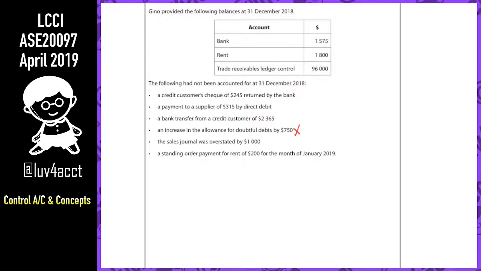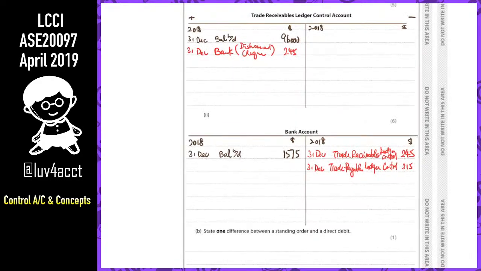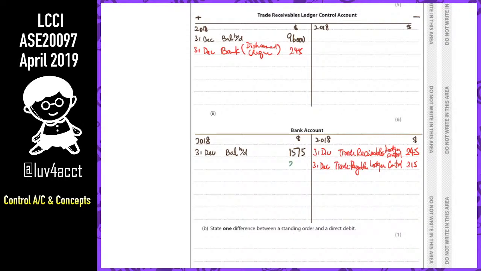A bank transfer from them, a receipt for you. So 2365 here. Again, received from a credit customer, so it will again be trade receivables ledger control, 31st December, and also here. 2365.